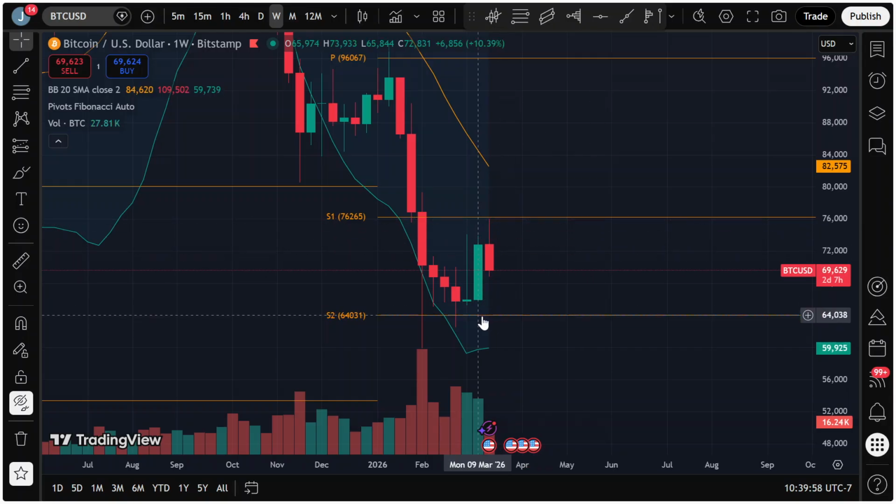These two pivots are super important for us to know the momentum of the price at the moment, 64K and 76.2K. We are currently just barely below the 50% mark of this range. I think that's right around 70.2K, which is a previous important daily pivot as well.